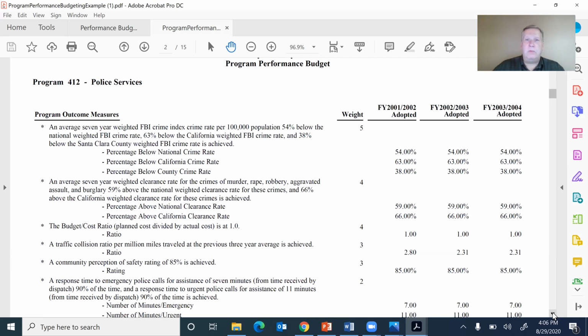A budget cost ratio, BCR, of at least 1.0, because if you're at 1.0, then your benefits and your costs at the very least are equating with each other. Traffic collision ratio per million miles traveled at the previous 3-year average is achieved, and the ratio there, 2.8, followed by 2.31, and so on.